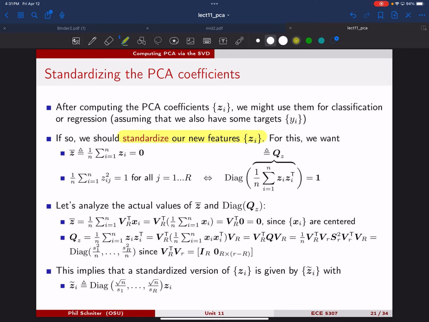So essentially, for standardization, we want two things. Number one, we want that the sample mean of our Z's is 0, right? The average across all the i's of Zi is 0. And second, we want that for each feature j, the average squared value is 1.